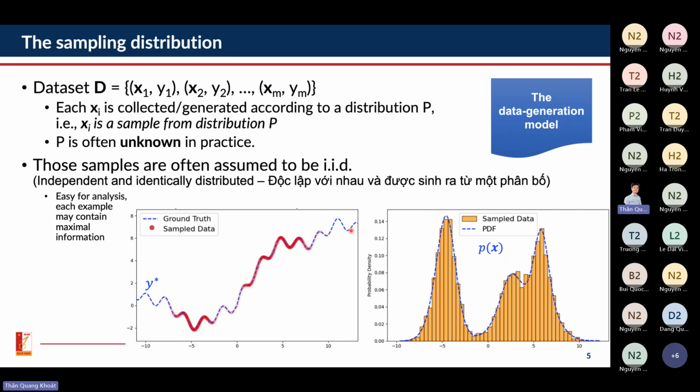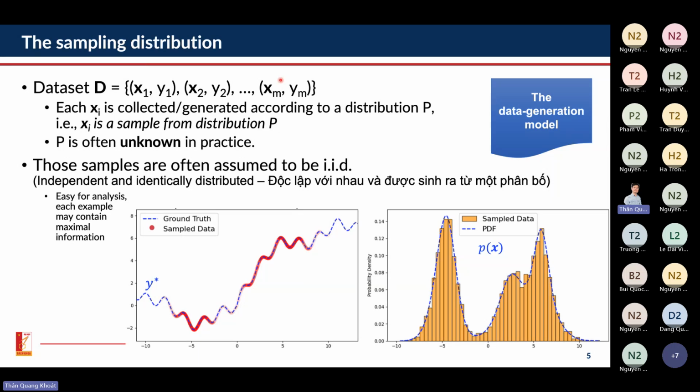In practice, in order to analyze something about the problem and the models, we often assume that the data here are generated independently from the same distribution. In other words, the IID assumption should hold.